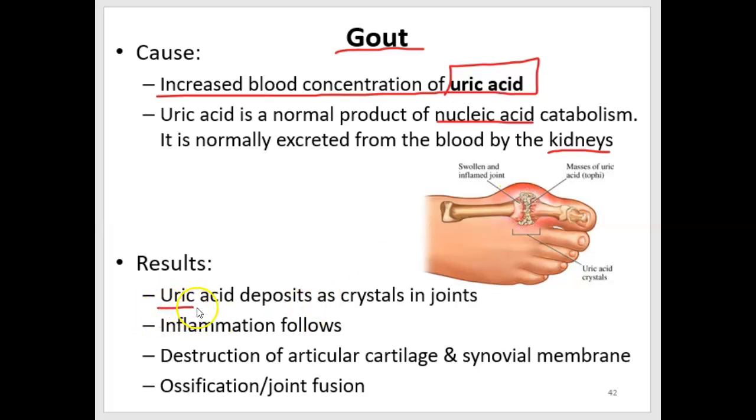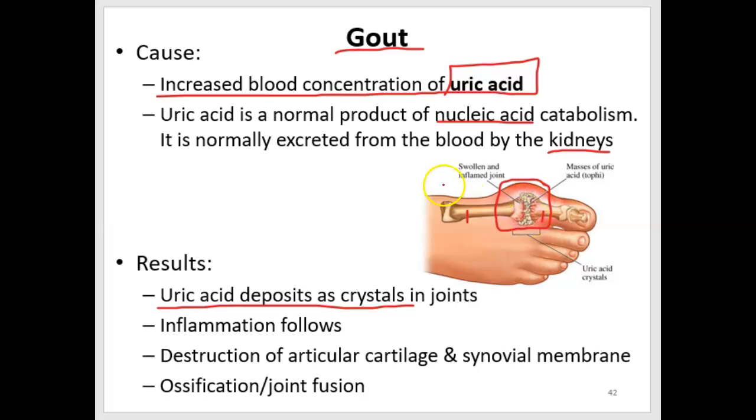Now, uric acid will form crystals. It even can form crystals within the kidneys. But for some reason, with this disease, gout, the crystals often form in the first joint you see it in, which is here between the first metatarsal and the first phalange in the foot. So these crystals form here.